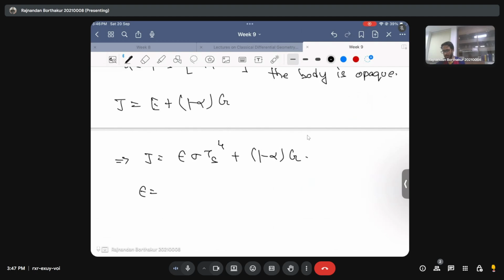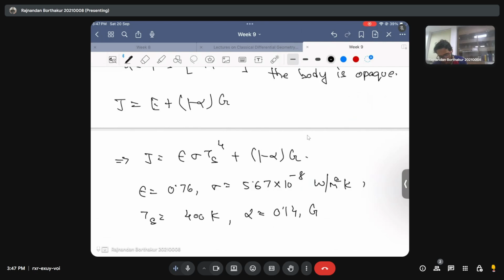Epsilon, the emissivity, is equal to 0.76. Sigma is 5.67 times 10 to the power minus 8 watt per meter square Kelvin to the power 4. Ts is equal to 400 Kelvin. Alpha is given to be equal to 0.14. The incident irradiation is also given to be equal to 1000 watt per meter square.